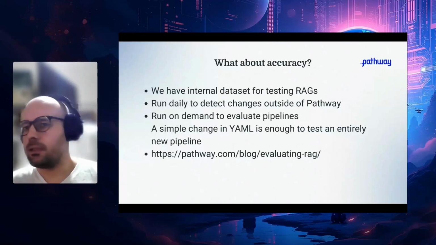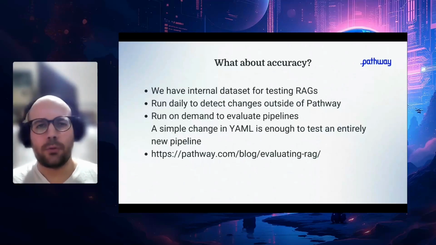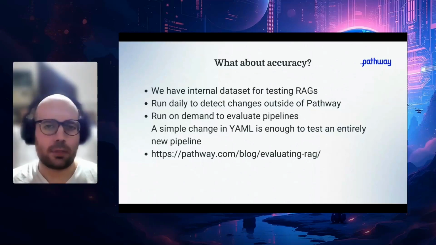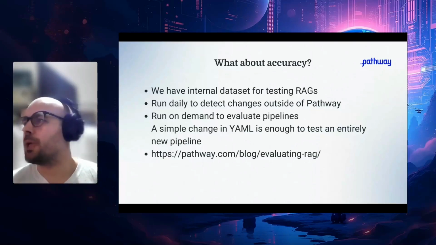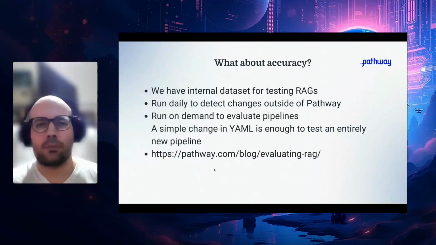So we know what the pipeline did. We don't have to dump the whole Python code that was used to define the pipeline. The YAML is enough, and it defines what the pipeline is. I don't have time to talk about this more, but we have a blog entry that you can read with much more details about how we approach accuracy.